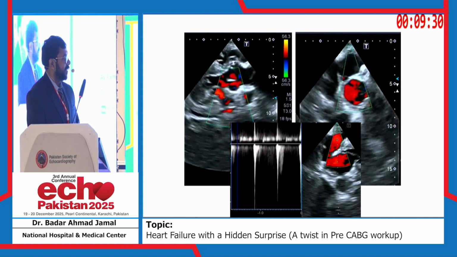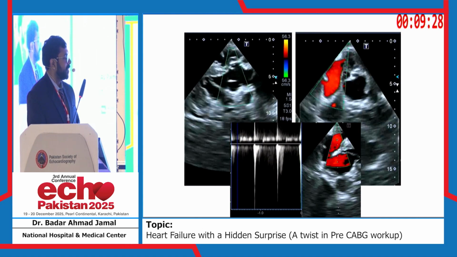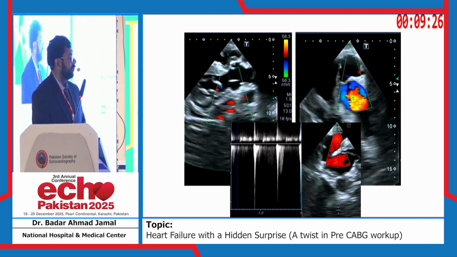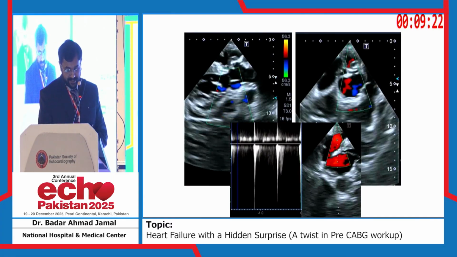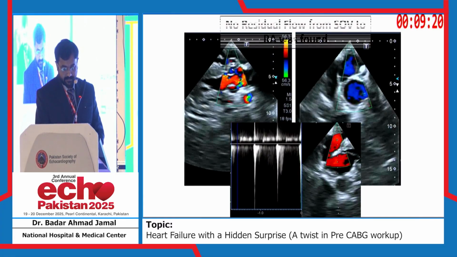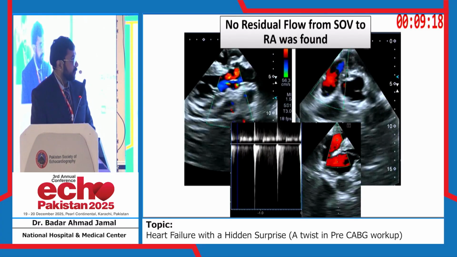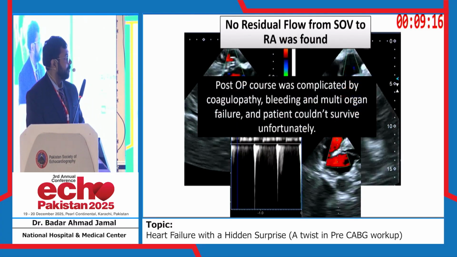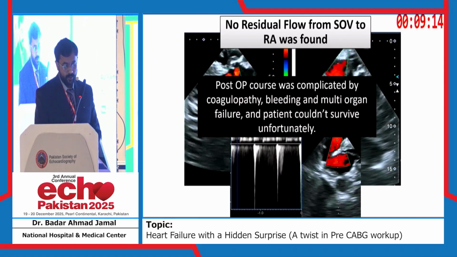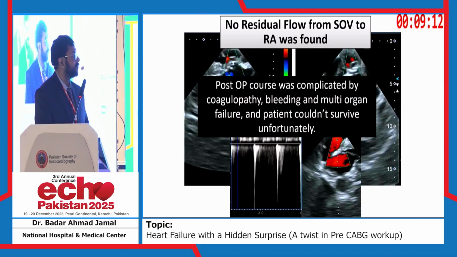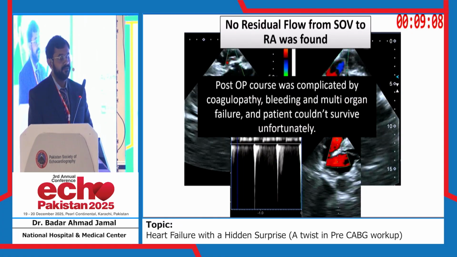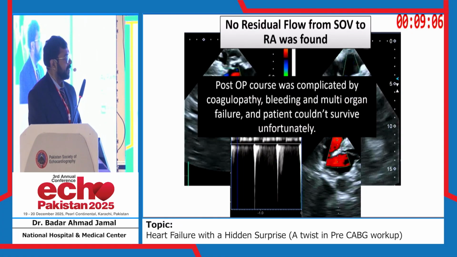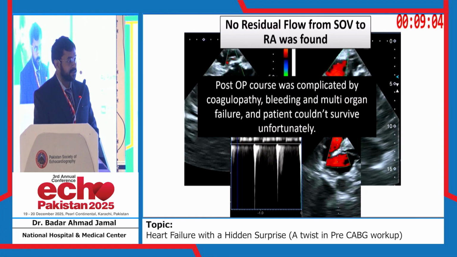When interrogated with continuous wave Doppler, you can see that the flow that was both during systole and diastole has now vanished. So no residual flow is found, but although repair was done, the post-operative course was complicated by coagulopathy, bleeding, and multi-organ failure, and the patient unfortunately could not survive.